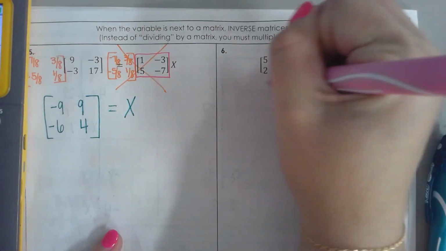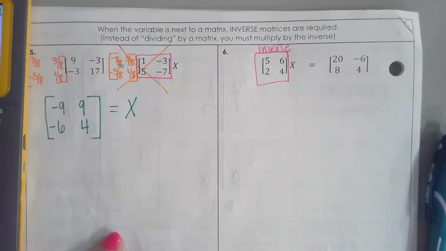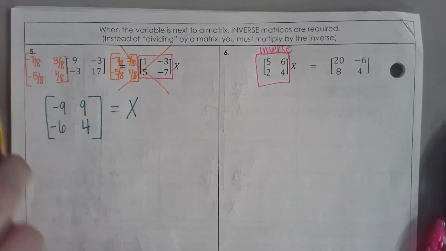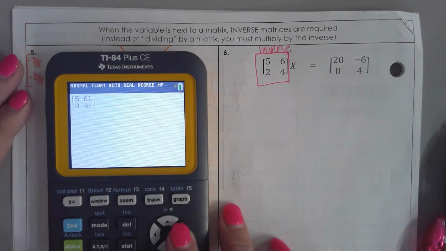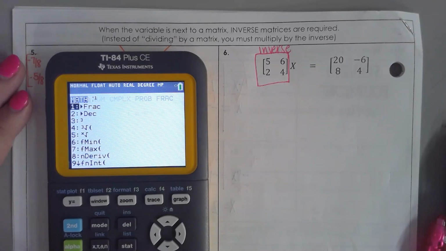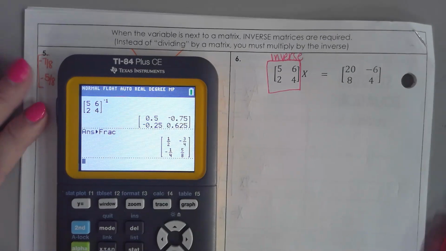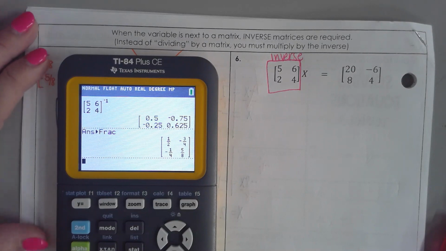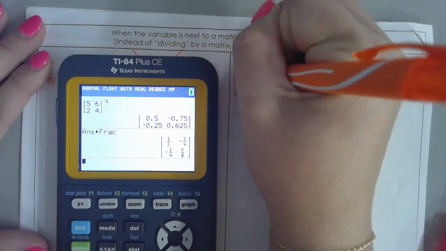So I've got to find the inverse of this matrix to get rid of it. Front.